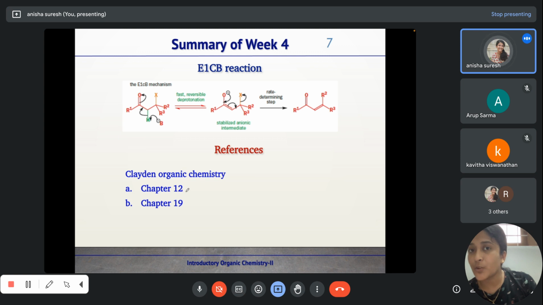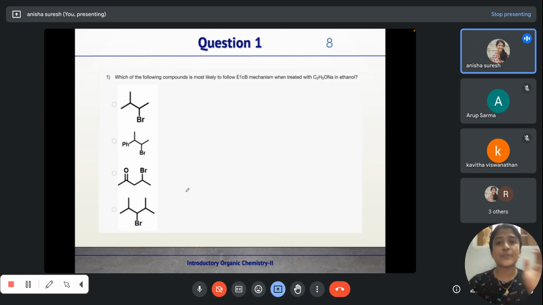Hope there are no doubts. So now moving to the problem solving session. This is question number 1. Which of the following compounds is most likely to follow the E1cB mechanism when treated with C2H5ONa in ethanol?